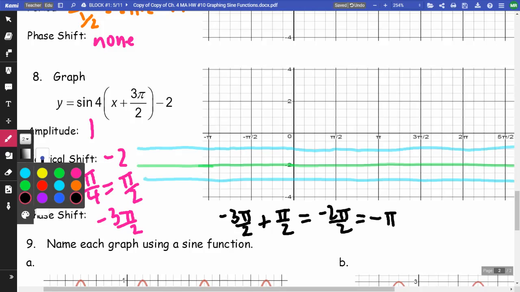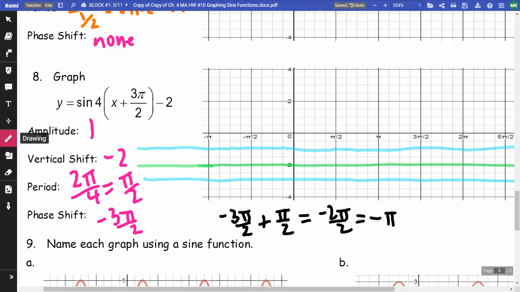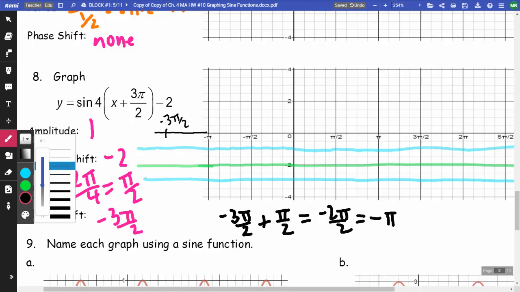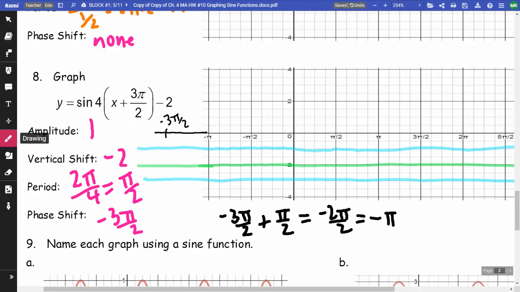So let me just kind of get this labeled in here. So looking at this, let me just extend this out. And let's just say that this is my -3 pi halves. So when we're doing this, I'm going to be starting at a -3 pi halves.